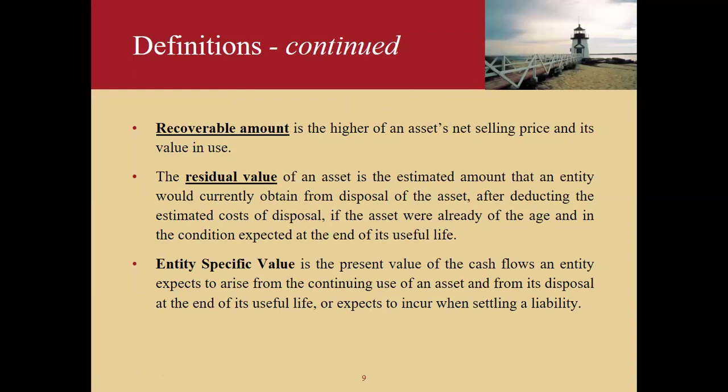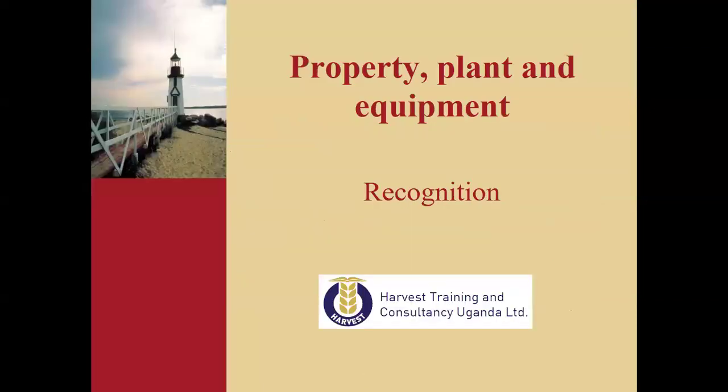The standard is quite wide. It has many definitions, but the more you practice, the more you will get acquainted with them. So we are going to look at how we recognize property, plant, and equipment in our books of accounts. What does the standard tell us? What should we put into consideration before we recognize?